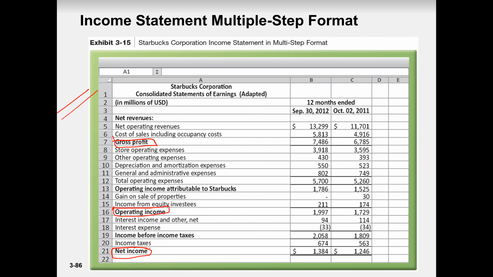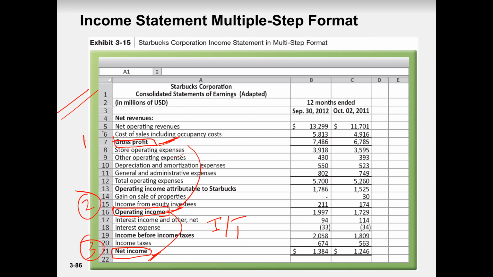So on this multi-step, you want to find out how much on the top of sales we have earned, and whether we can cover all the admin and selling expenses. And after operating expense, it will tell you whether our income is enough to handle interest and taxes or not. And then you have the income tax. So you have three measures of profit.